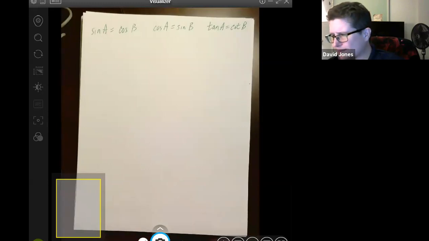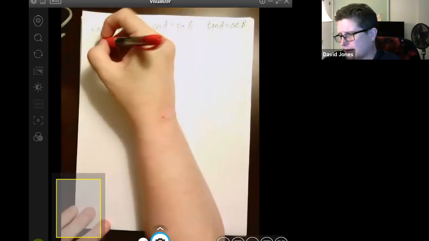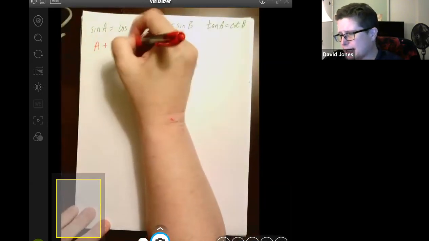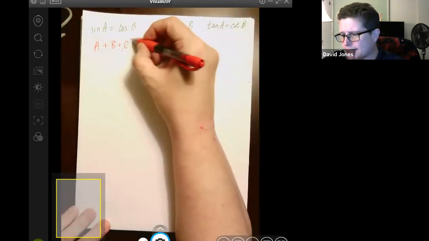We said the sum of the angles has to add to 180. A plus B plus C had to equal 180 degrees, but we know C is 90 degrees.